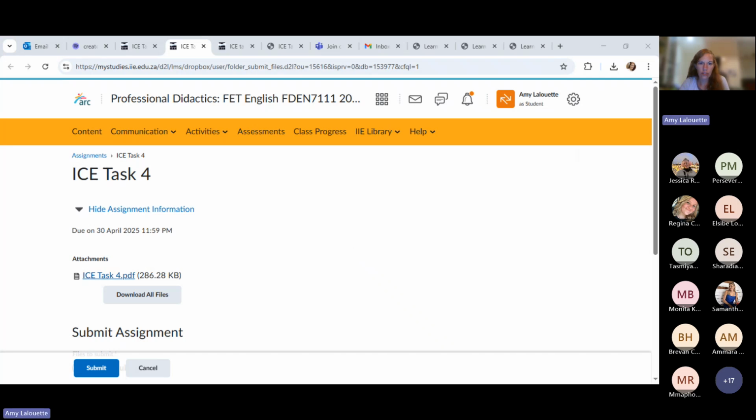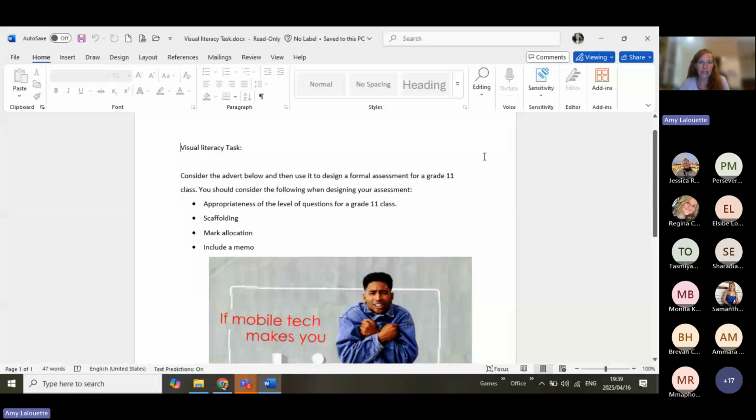Okay, so just go to this. It is assessing your ability to design a formal assessment.